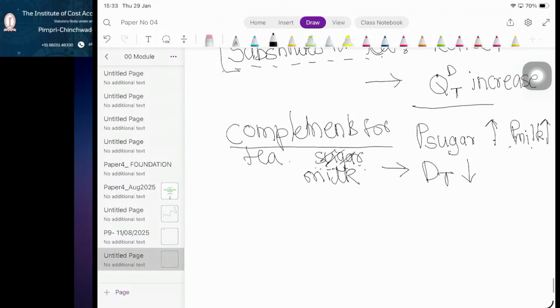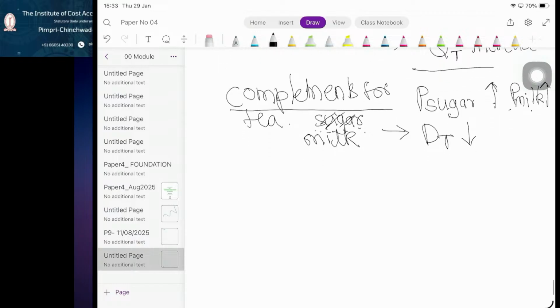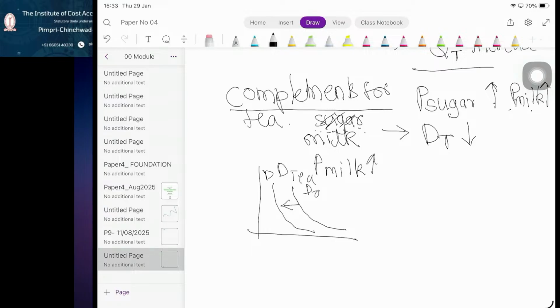I'm not drawing the diagram, but if the price of milk goes up and we are talking about demand for tea, if the original demand curve was like this, D naught, with the increase in the price of milk, this demand curve will shrink down. It will become something like D1.